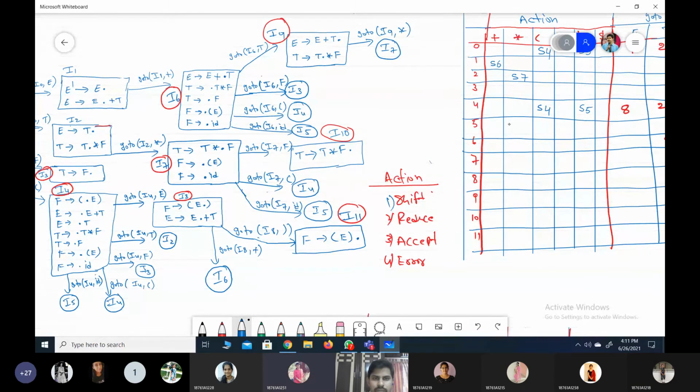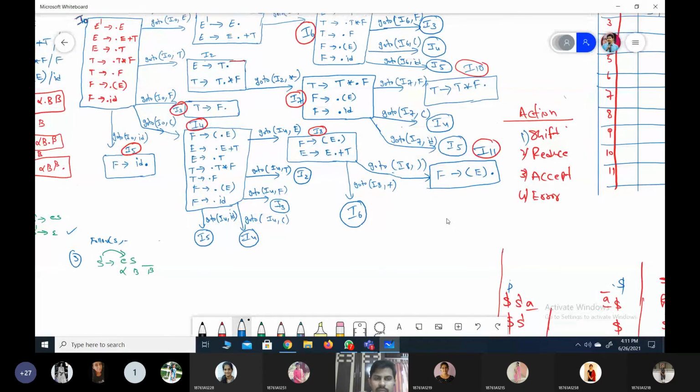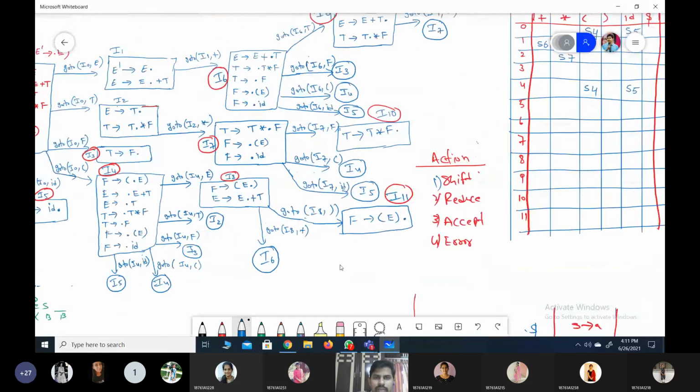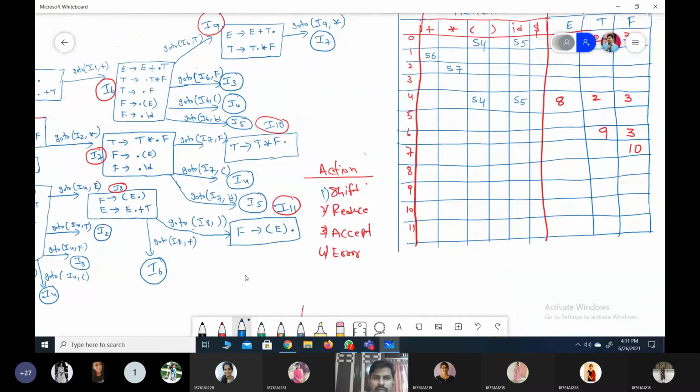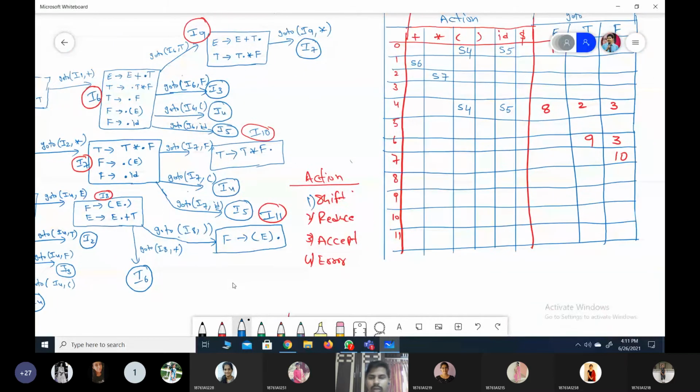Next, go with I5, item state 5. We have not applied any terminals on it. Then we move to I6. I6 on terminals: open parenthesis is S4, and I6 on ID is S5.